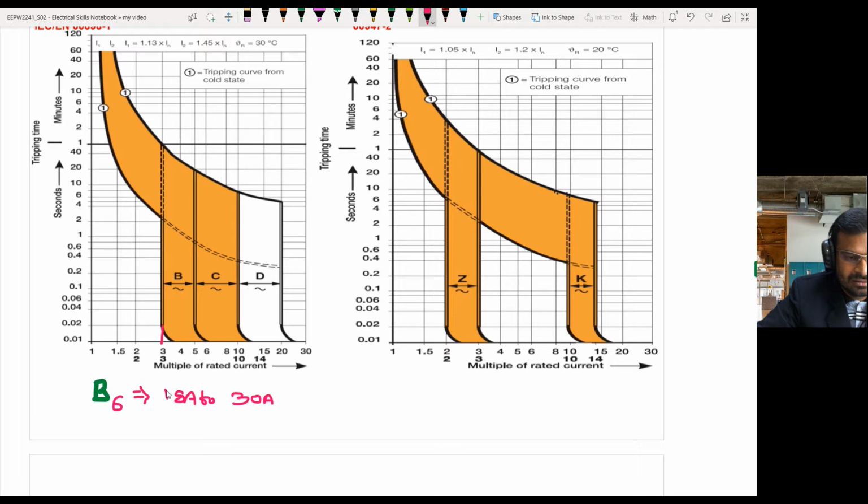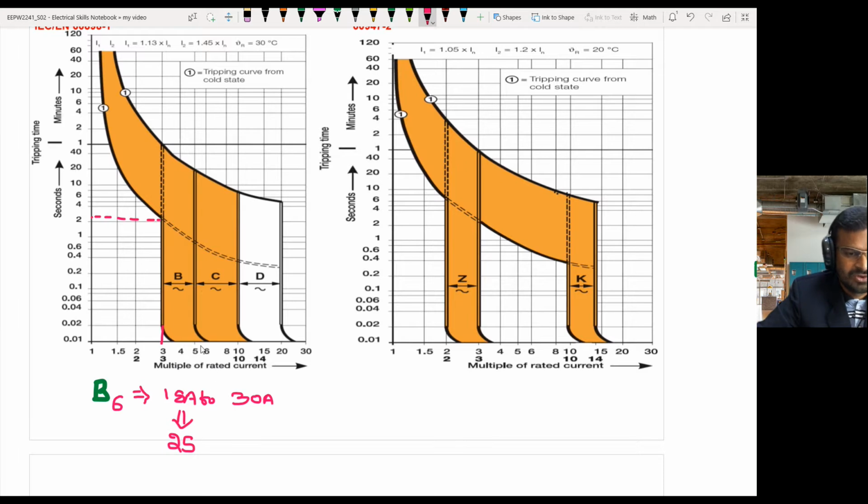When 3IN current is flowing through the MCB, you can see the time taken for tripping is near to 2 seconds. So when the load current is near to 18 amperes, it takes almost 2 seconds for tripping.